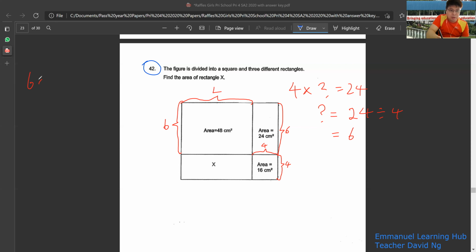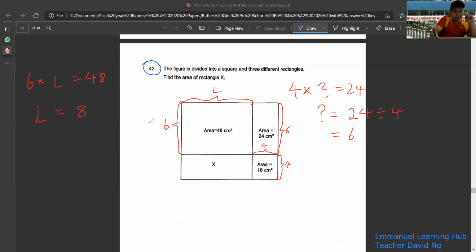Six times L is 48, right? So L is equal to? L is equal to 8.